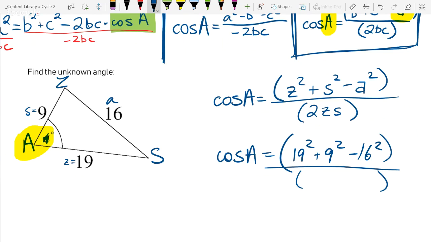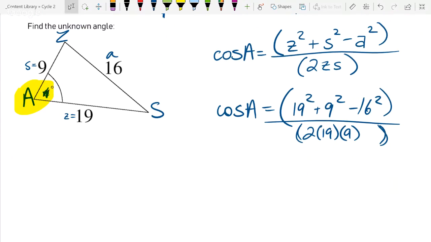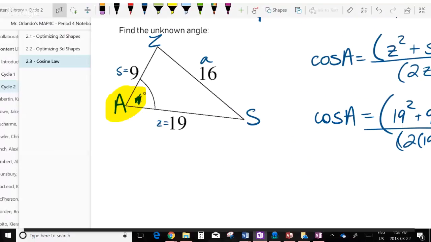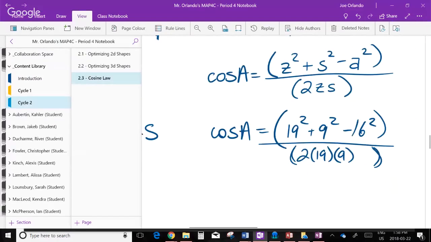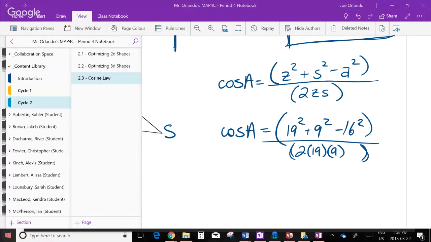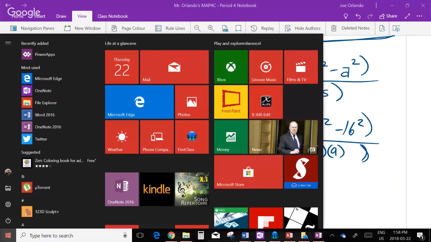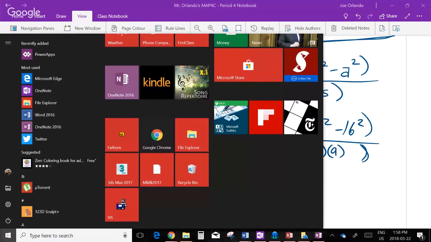Divided by 19. Yep. Very good. And we're going to be sure to put big brackets around that, right? I know this may seem pedantic, but I find that 90% of people who get a cosine law question wrong get it wrong because they plug it into the calculator wrong. We're just going to take our time and watch how we put this in.